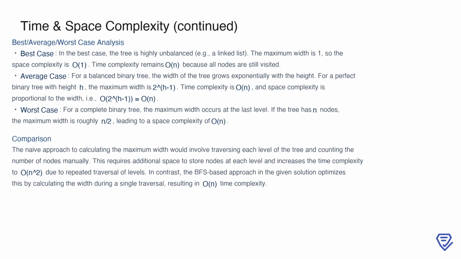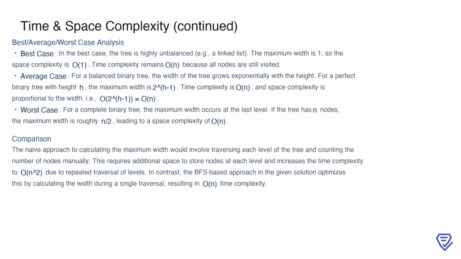To understand the algorithm's performance across different scenarios, we can consider the best, average, and worst cases. In the best case, the tree resembles a linked list, meaning it is highly unbalanced and has a maximum width of 1. Here, the space complexity is O(1), while the time complexity remains O(n), since every node is still visited. In the average case, for a balanced binary tree, the width of the tree grows exponentially with its height.